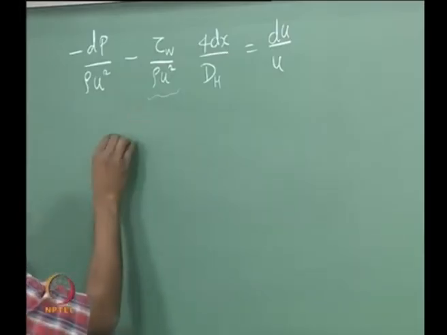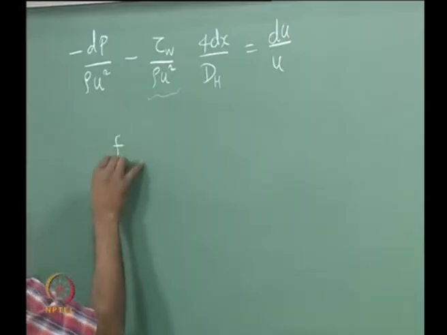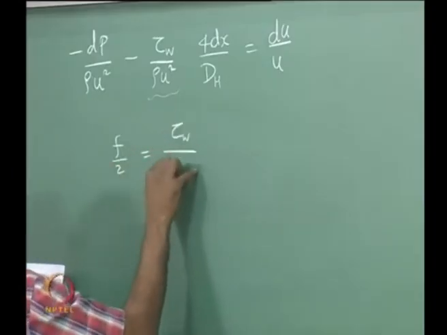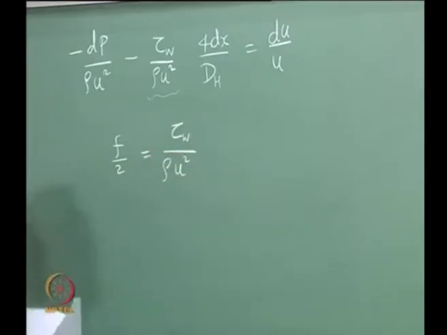This can be written as f by 2, from last class's definition. You can get it to this particular form, you can just rewrite it as f by 2.